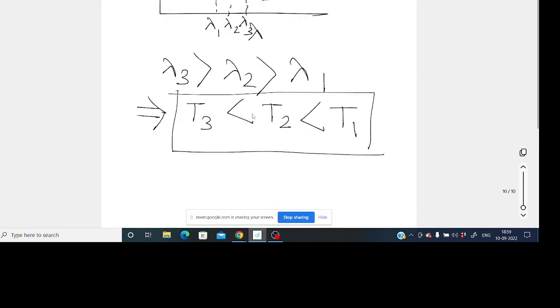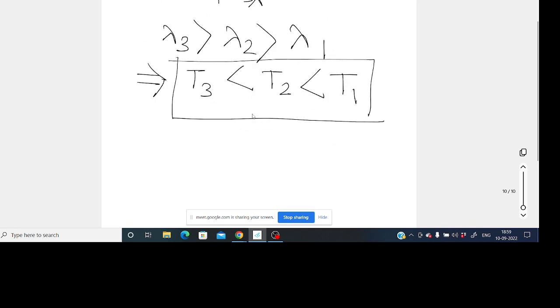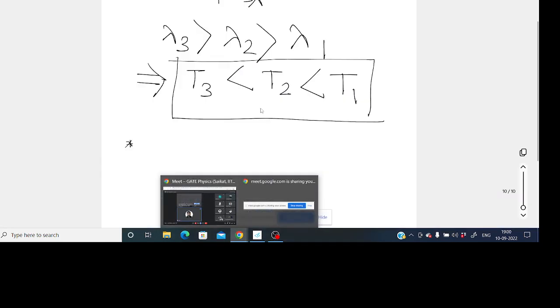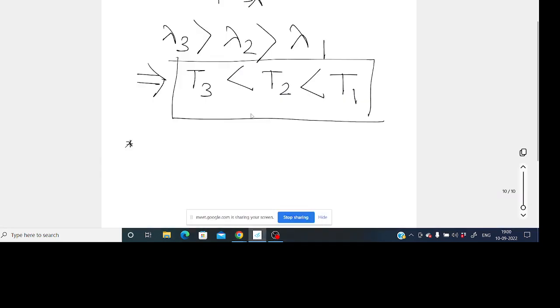So we are discussing this Wien's displacement law. Now let's say you are given two distributions, one at temperature T1 and the other at temperature T2.